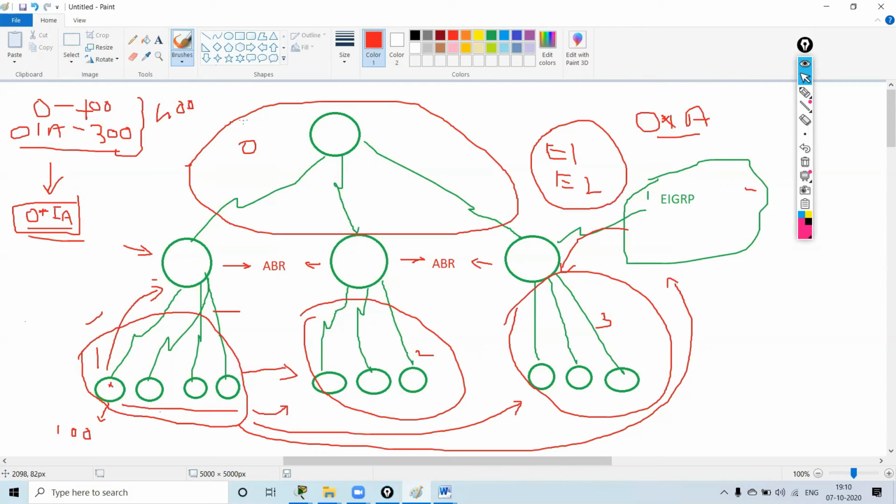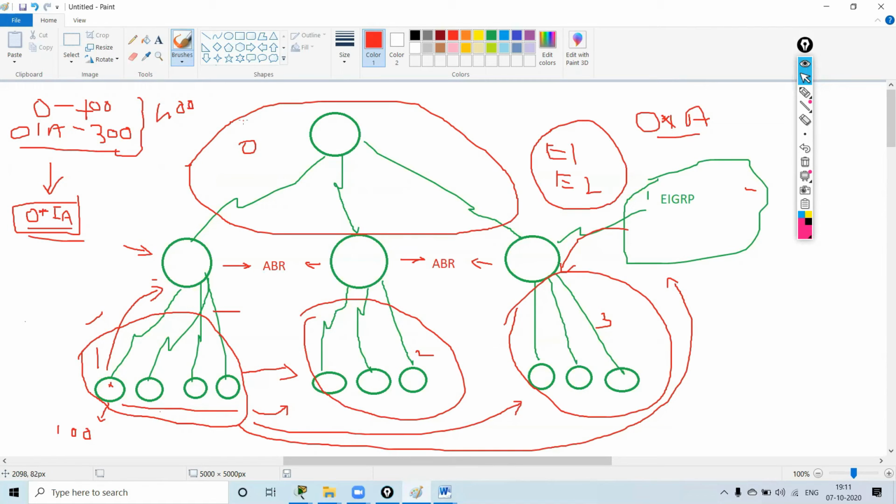You are asking where I will make the stub configuration. On all the routers within the area. I have to give a configuration on all the routers. If I want to make any area a stub area, I'll go on all the routers of that area and I'll say this area will be my stub area.